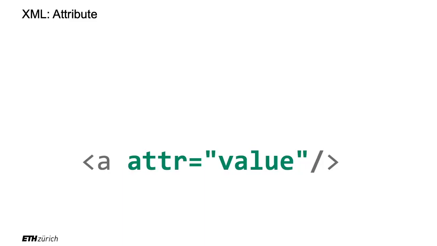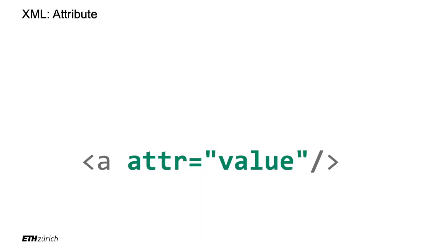The second one is called an attribute. An attribute is basically a key value pair. A key, in that case, at, and then a value, which is in double or single quotes, right?